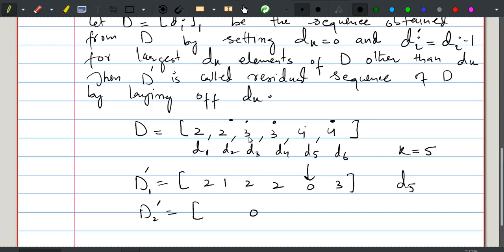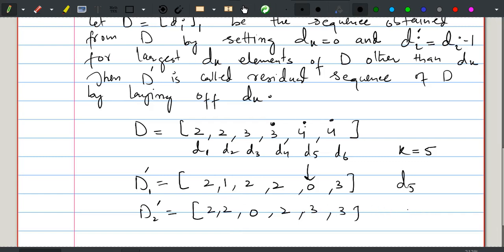Here d3 is 3, so we look at the largest 3 elements other than this 3. One is this 3, the second, and the third. For these 3 terms we subtract 1. So this is 2 here, this is 3, this is 3, and these 2 elements are as they are in the original sequence. This is the residual sequence obtained by laying off d3.